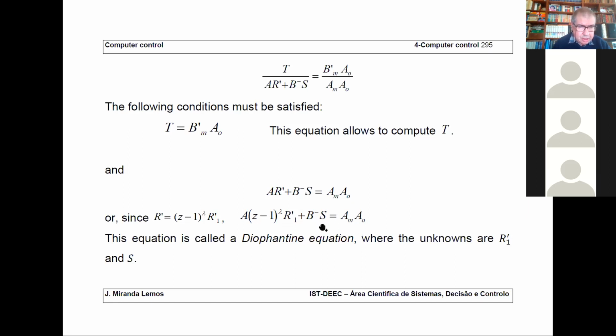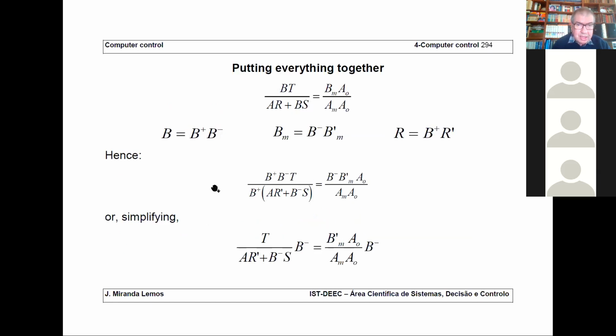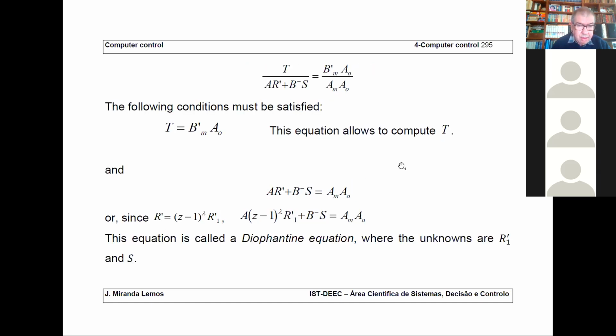If you have R prime 1, then you multiply by (z minus 1) up to lambda, you get R prime, and then you multiply again by B plus and you get R. Okay? So this equation defines R and S. This is a new type of algebraic equation called a Diophantine equation.